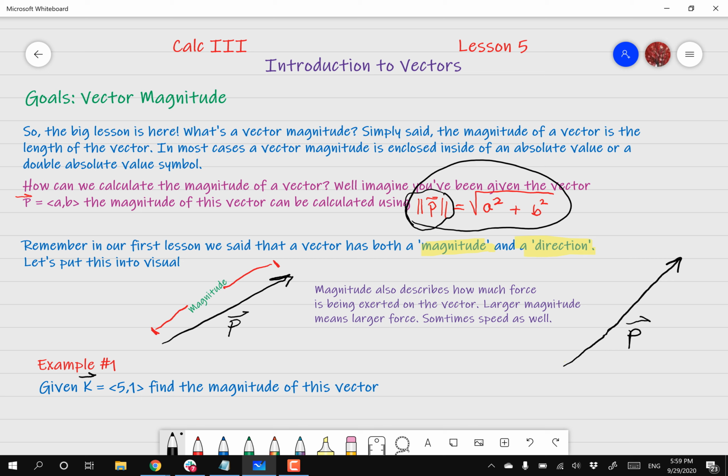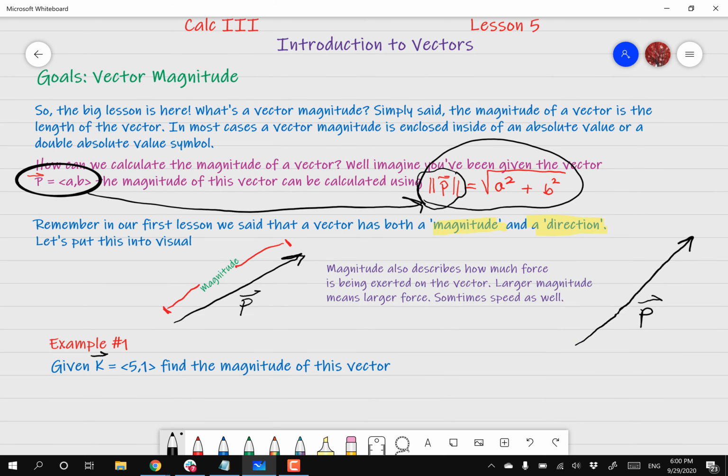You're being more specific, in my opinion. Then, imagine you're given the vector P with point A and point B, and the magnitude of this vector can be obtained using that formula over there. I'm going to explain what this formula really means in just a second.